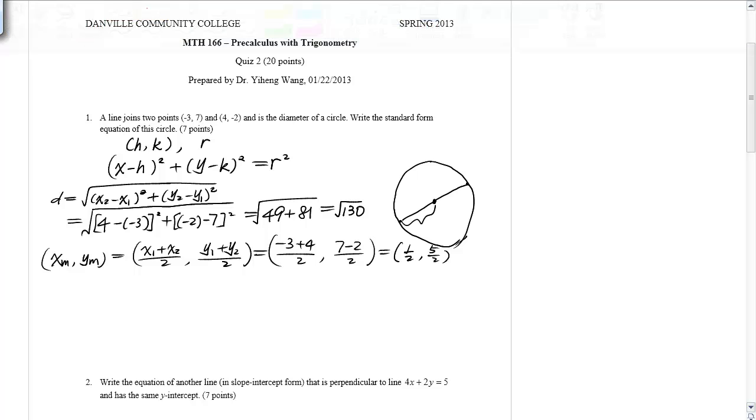And this is (h, k), which is the center of the circle. And this D right here is the diameter, therefore the radius equals half of that.